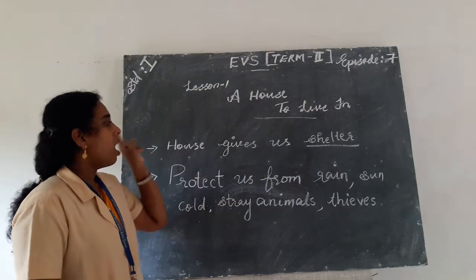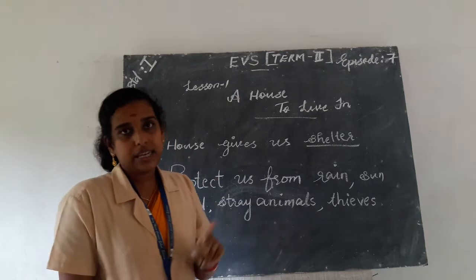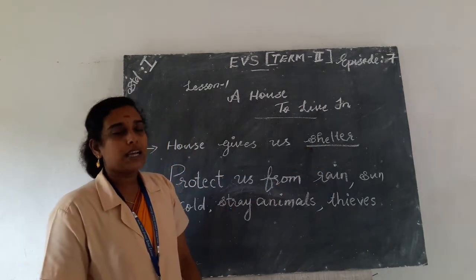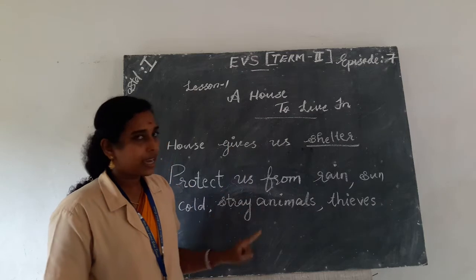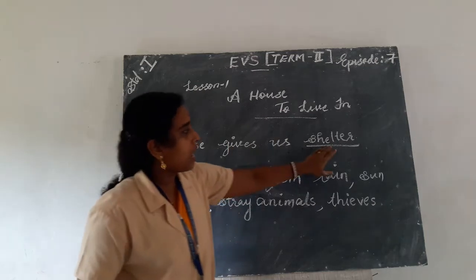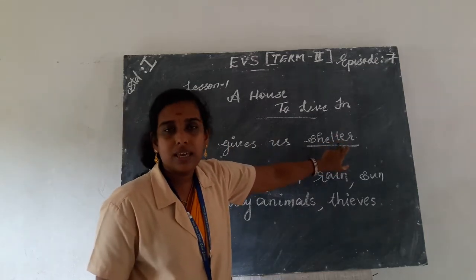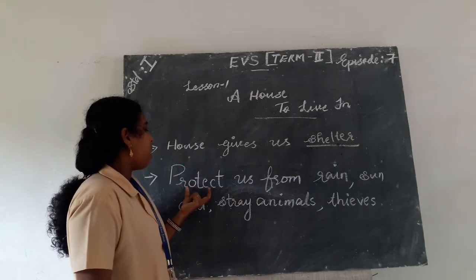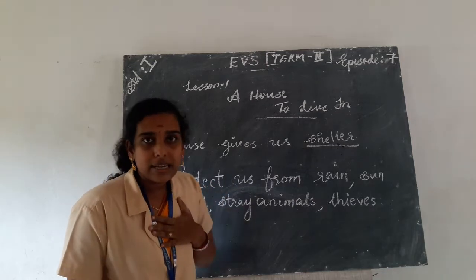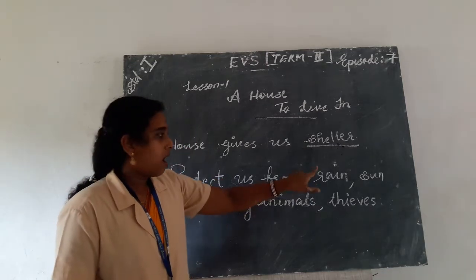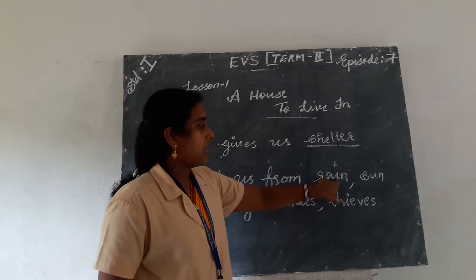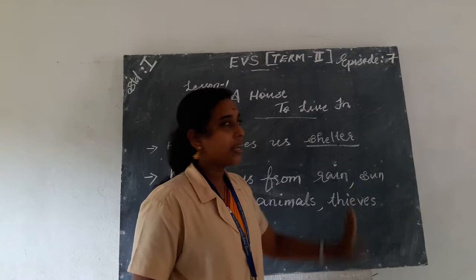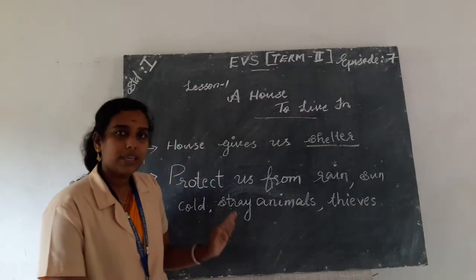First one, house gives us shelter. Spelling of shelter, S-H-E-L-T-E-R, shelter. Then the importance of a house is to protect us from rain, R-A-I-N. Then it also protects us from sun, S-U-N.